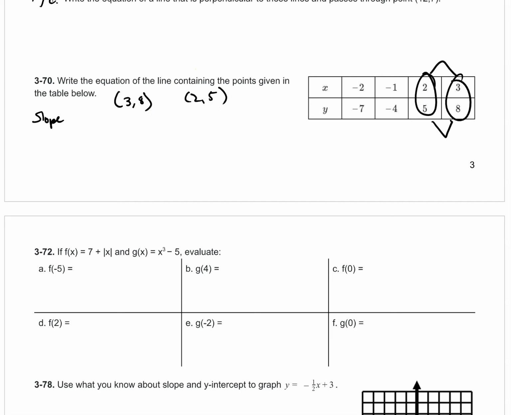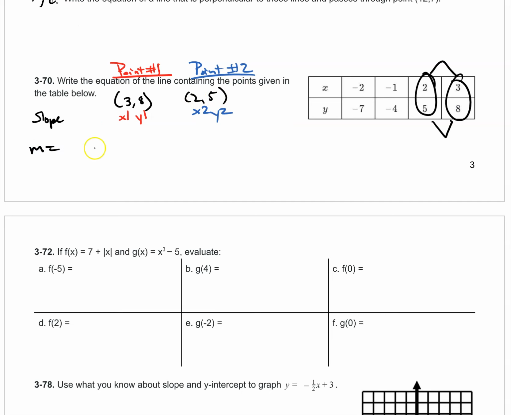To get the slope, we can call this point x1, y1. This is point number 1. So the x coordinate and y coordinate are called x1 and y1. And then for the other point, we'll call that point number 2, x2, y2, referring to the fact that this is point 2.